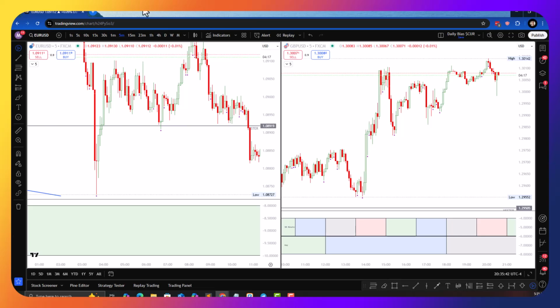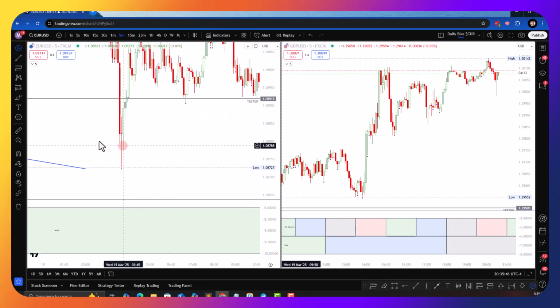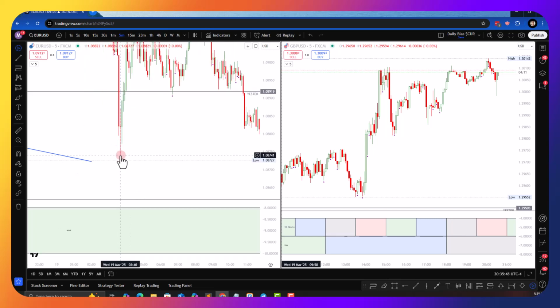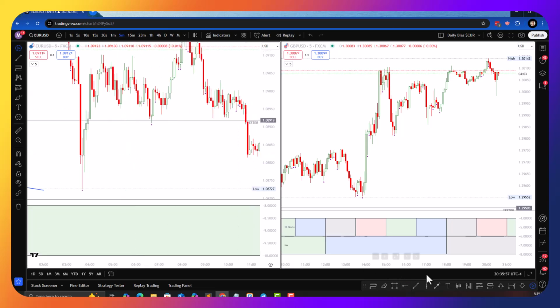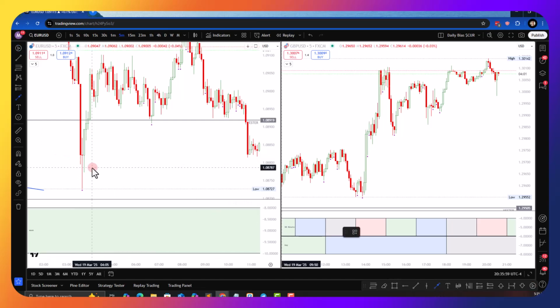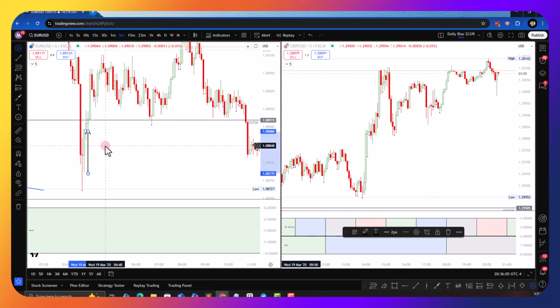And you can find this on any time frame really. So at this point, the 1 hour candle closed. Let's see. So the 1 hour closed right here. Let's just mark that. So the 1 hour closed on this candle's closure.